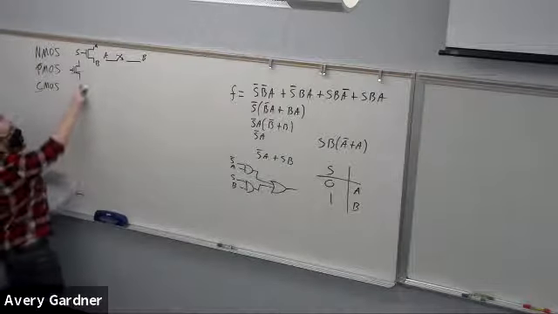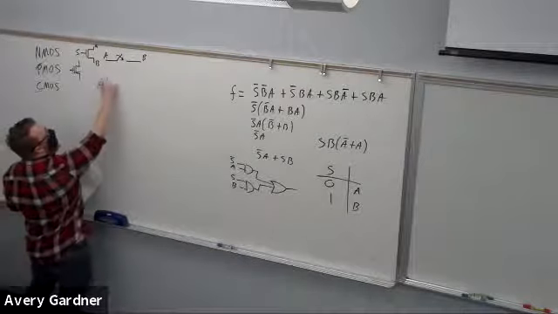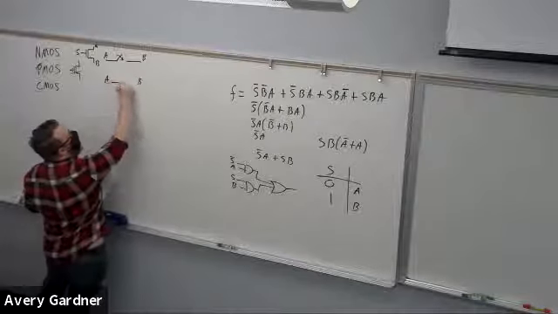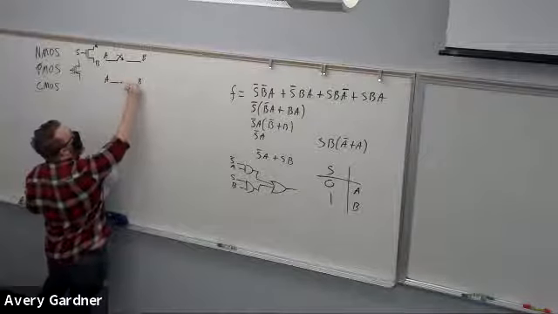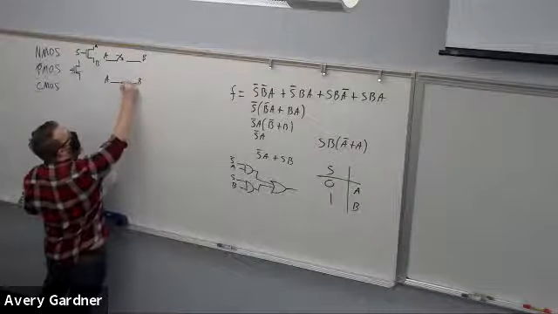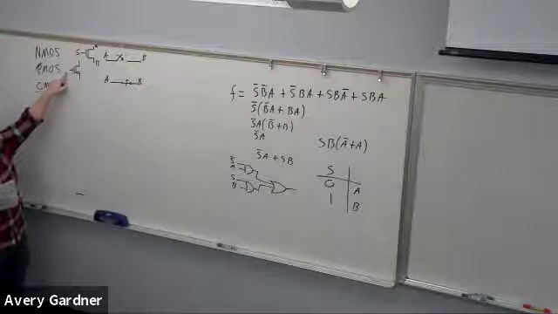A PMOS is just the opposite of that. If S is low, 0, it's closed, and A and B are connected.